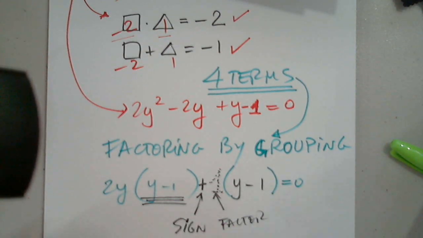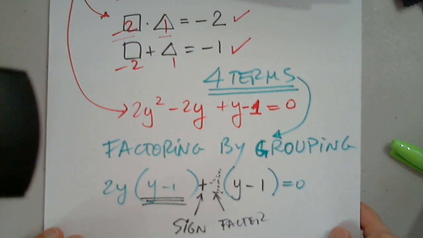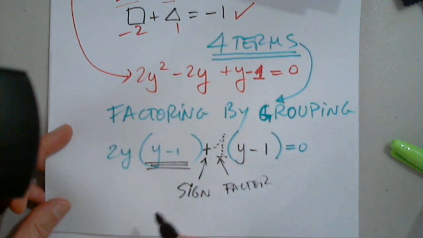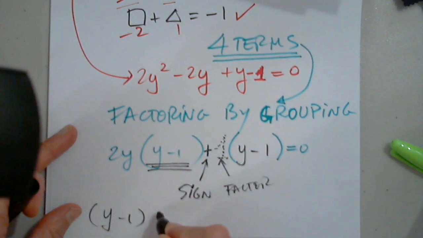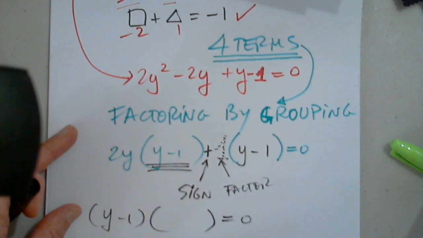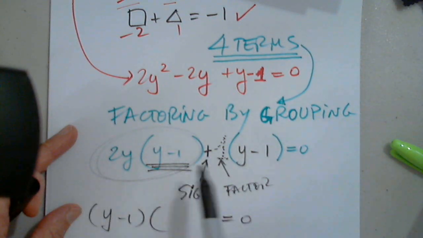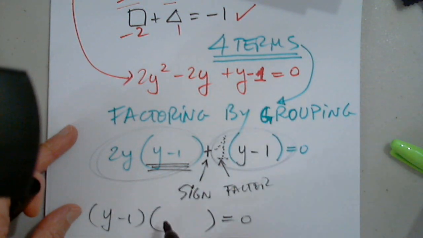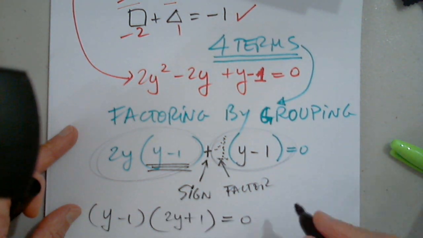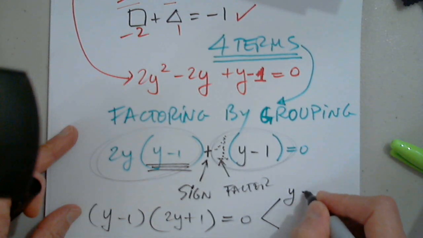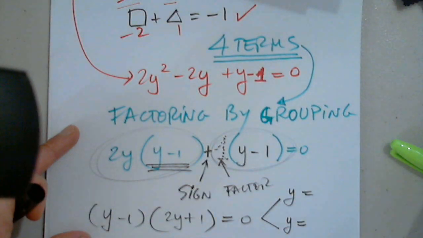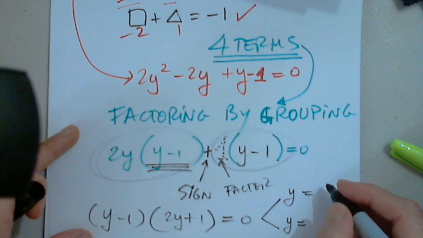Good. What is the common factor of these two? I need to pull it out. Y minus 1. What is left in parentheses from the first product and from the second product? 2y plus 1. So then I have 2 options for y. From y minus 1 equals 0, I get 1.